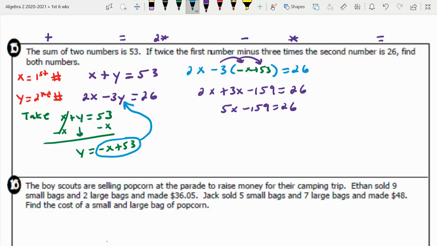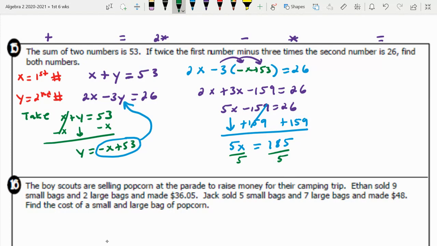Then let's add 159 to both sides. 26 and 159 make 185. Then we're going to divide by 5, and we are in business. The 5's divide out, x equals 37.